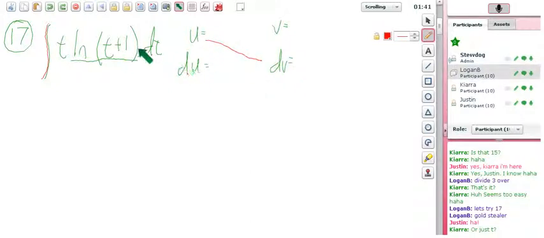So we want to break this up into two functions, so that part of it is u and part of it is dv, and u times dv is the whole integral. The thing of making u be equal to the inside function, that's more of a U-substitution way of thinking.